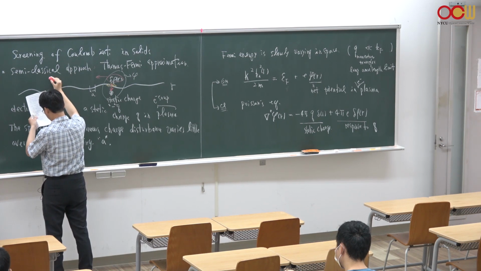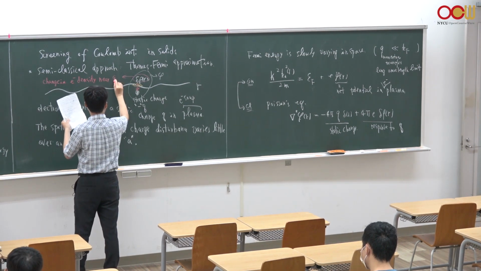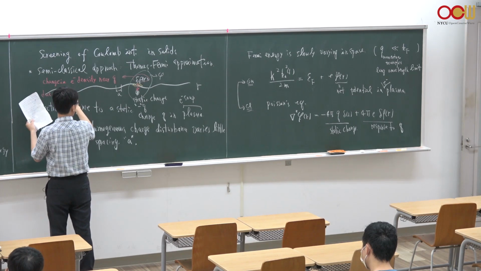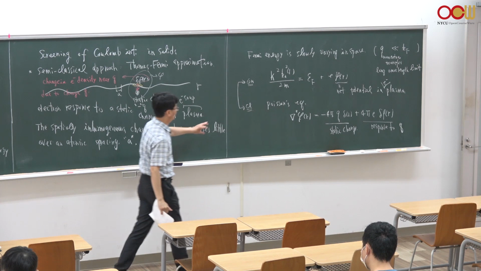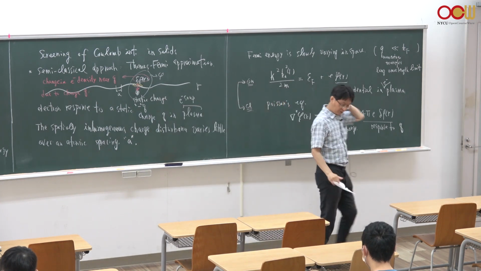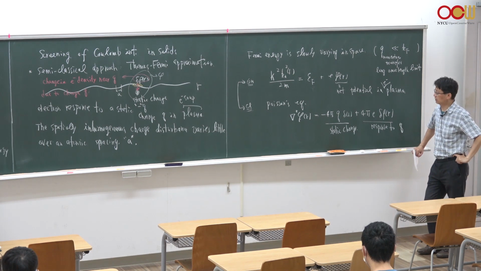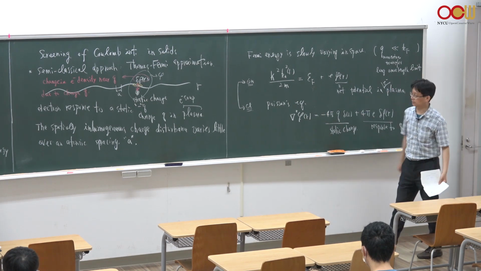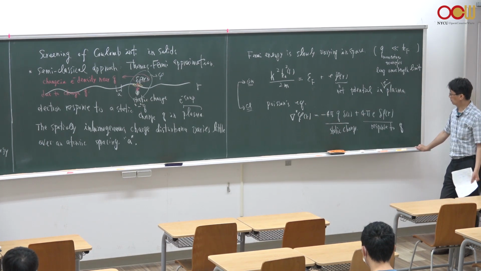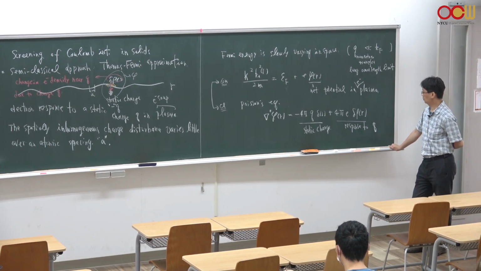So let me just define more precisely this delta rho. Delta rho is the change in electron density near the test charge Q due to this charge. So now we could simply combine this relation from quantum mechanics, from the Schrödinger equation, and the classical Poisson equation describing the net electric potential in this electron plasma.